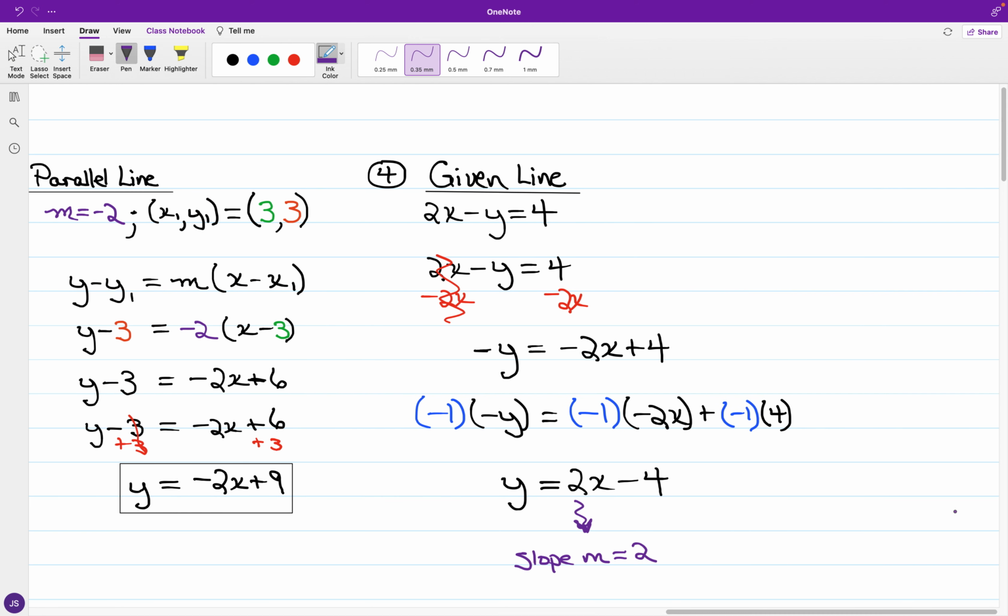Now we're looking for the equation of the perpendicular line described.